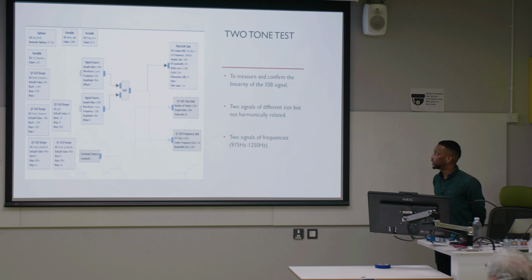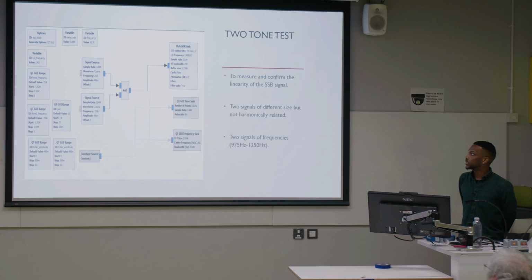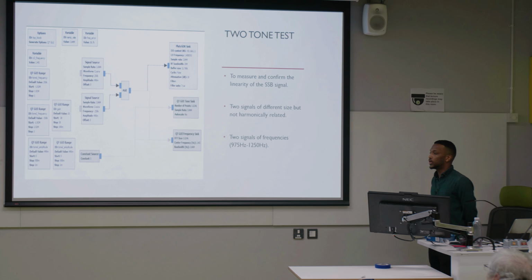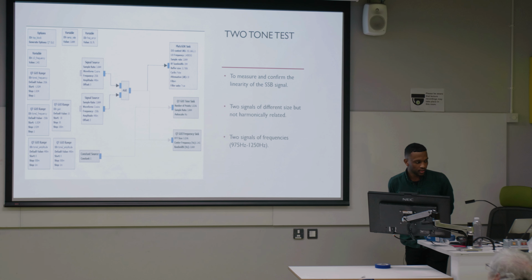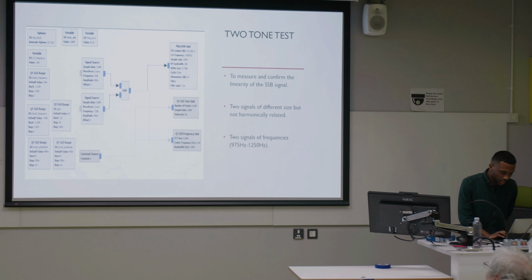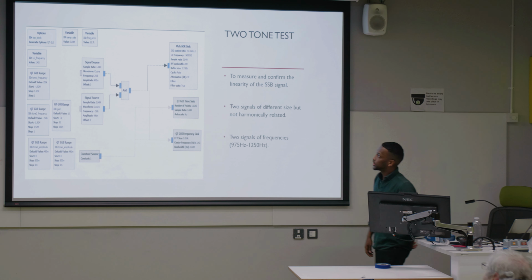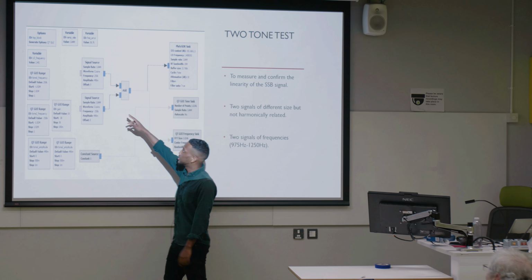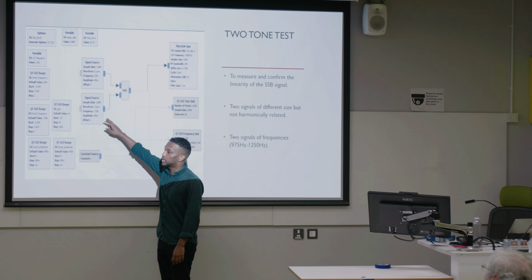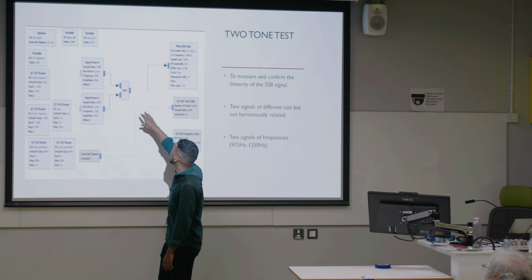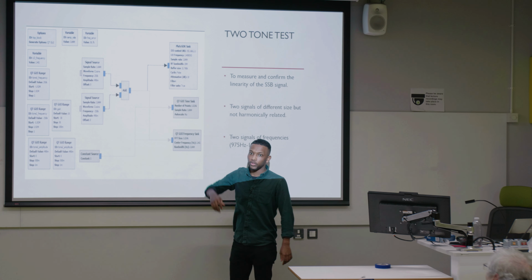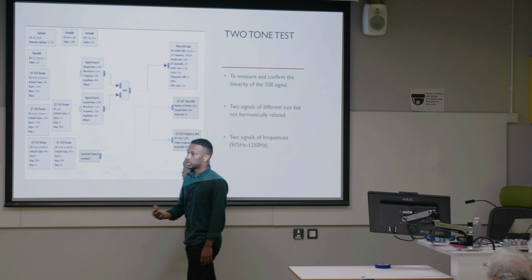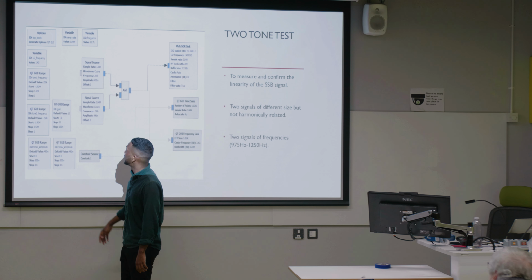The two-tone test is based on generating two signals of different frequencies, but not harmonically related. We have two signal sources, again two sinusoidal signals, one at 250K and one at minus 250K. We add them together, again connected to the Pluto SDR sink to check the output of the transmitter.